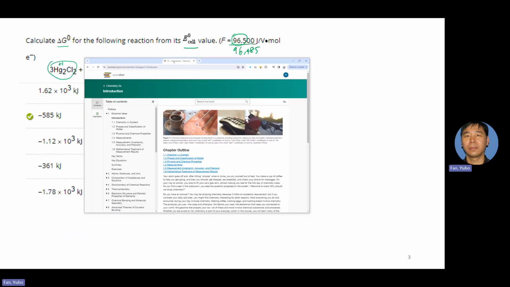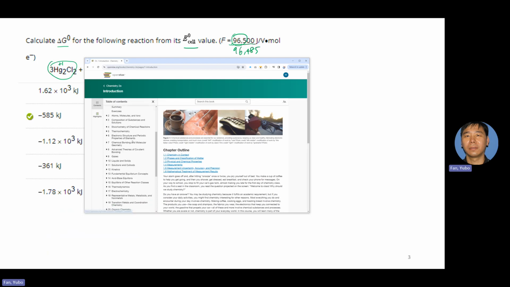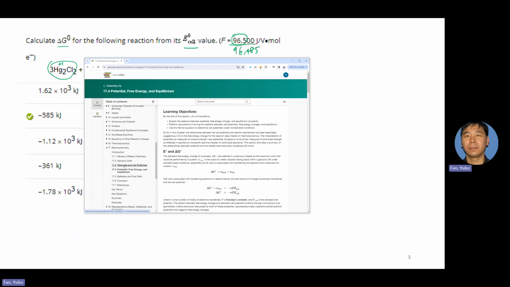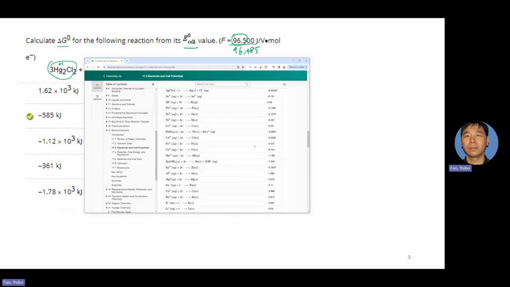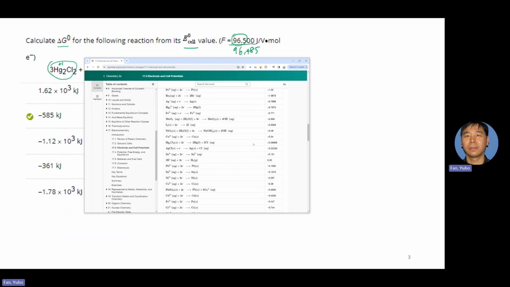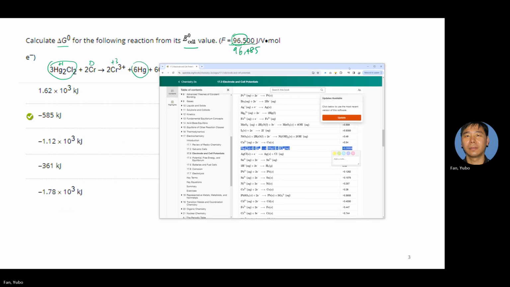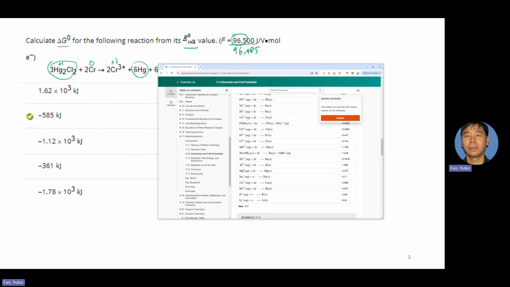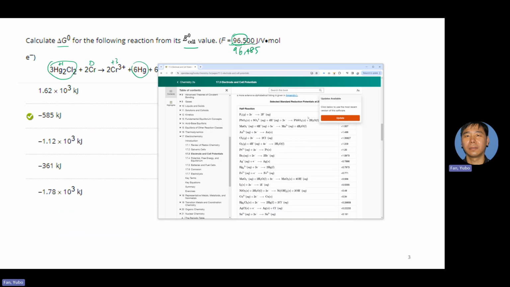You can go to the online textbook, in chapter 7 there's a table, but the table itself is kind of short. If you can find it, for example, you can find this one here, which is 0.26808, and the other one for chromium. Let me copy it to here.